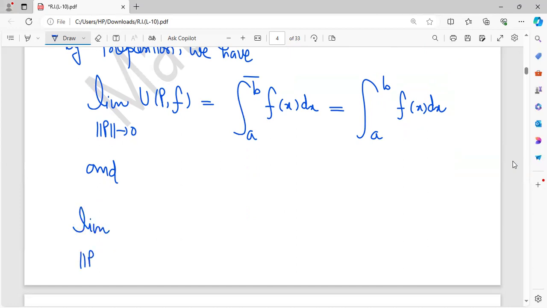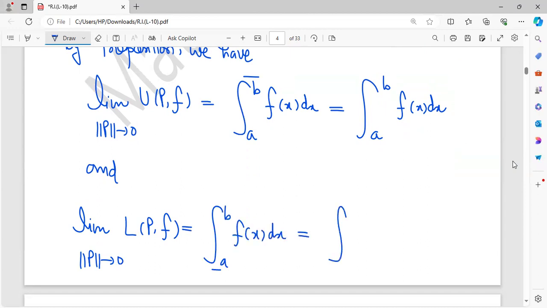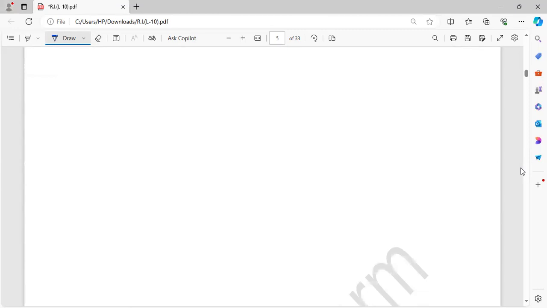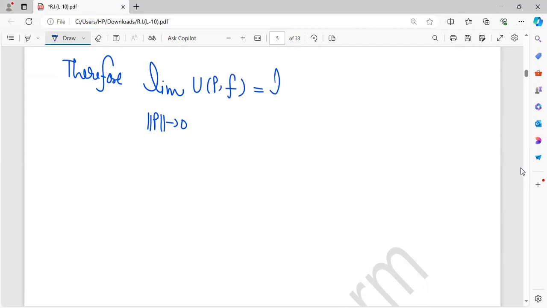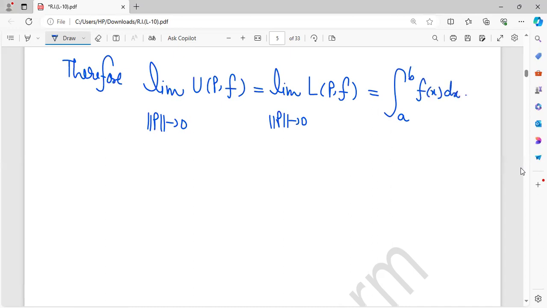It is the lower integral, and since the function is Riemann integrable, it is equal to the same. Therefore the limit as norm of P tends to 0 of U(P, f) is equal to the limit of L(P, f), which is equal to the integral from a to b of f(x) dx. Okay, so it is done.